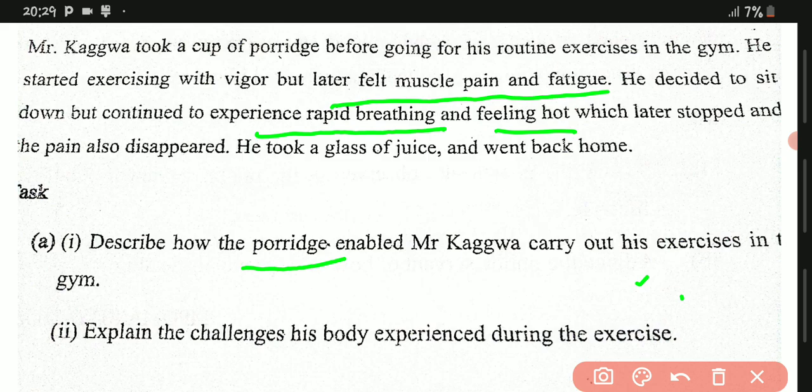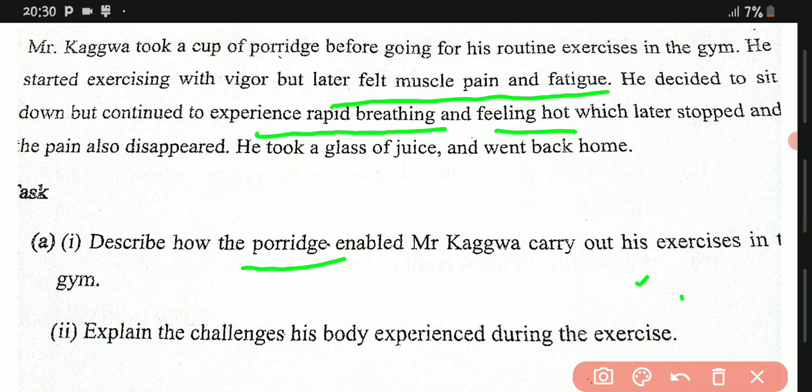Then another challenge is that Mr. Kagwa experienced rapid breathing. We all know that for somebody to experience rapid breathing, for example if somebody is in a race, it is due to the shortage, or the limited amount, of oxygen in the muscles.